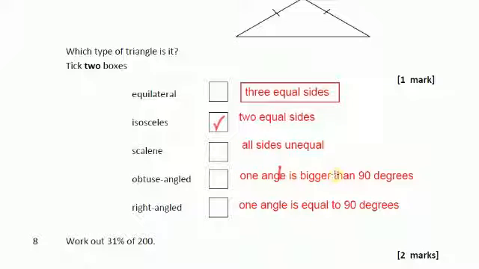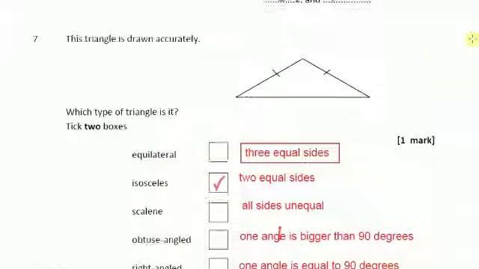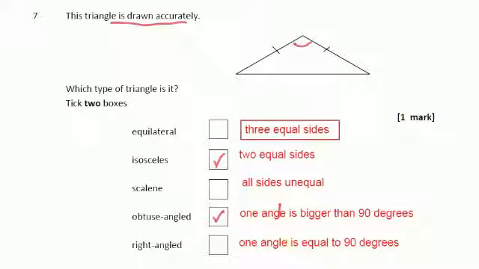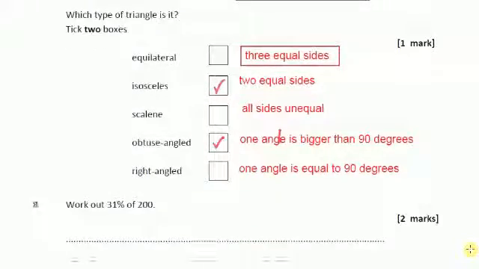Now you are told that the triangle is drawn accurately, and if you look at this, you can see that this angle is bigger than 90 degrees. So bigger than 90 degrees means obtuse angled. And right angled means one angle is equal to 90. No, there are no right angles in that triangle. So we've ticked the 2 correct options.